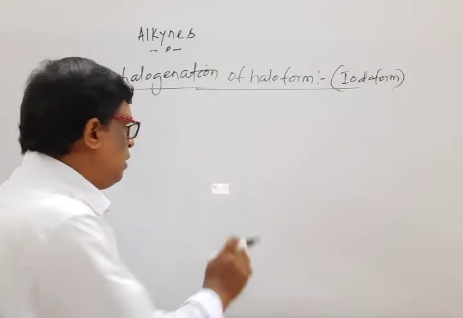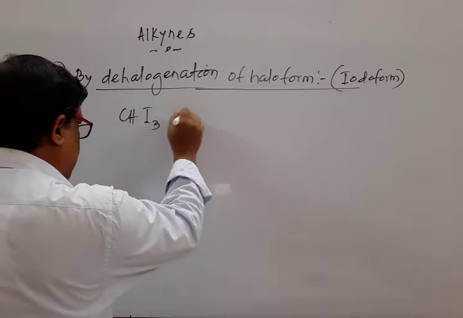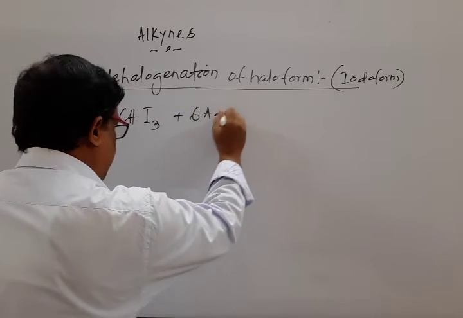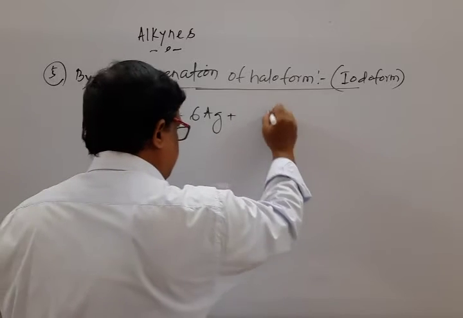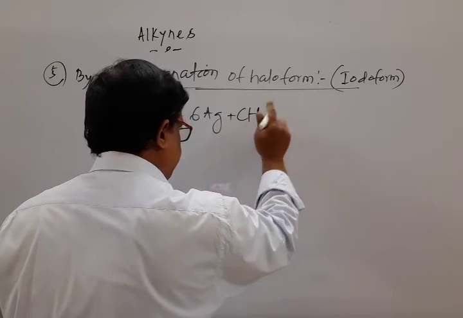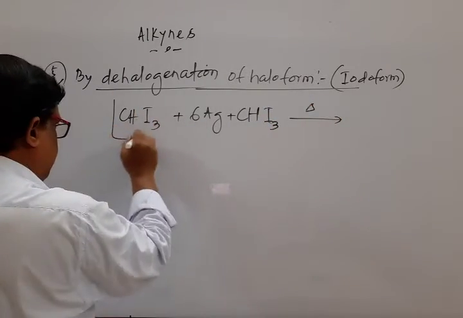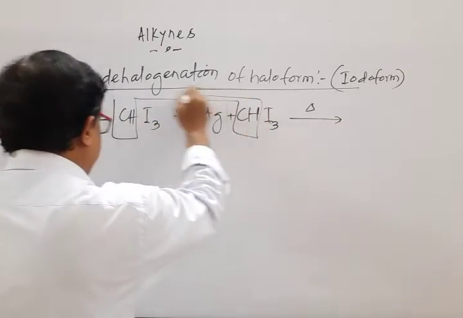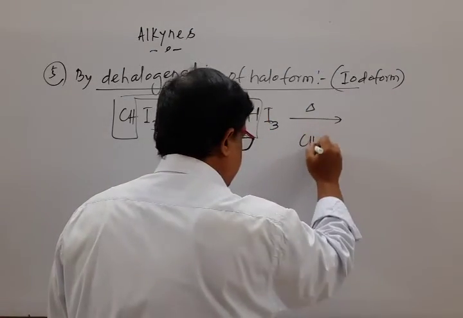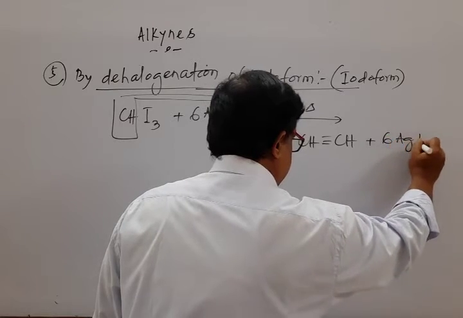Mark that. When iodoform, CHI3, is heated with silver powder, what is the main product? The main product is acetylene plus 6 AgI.